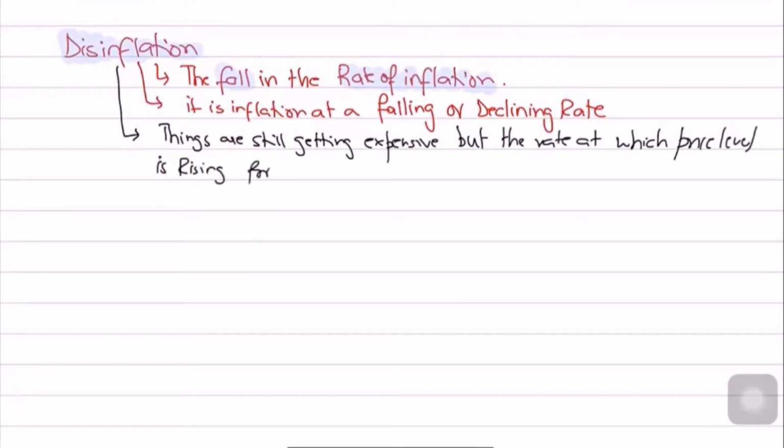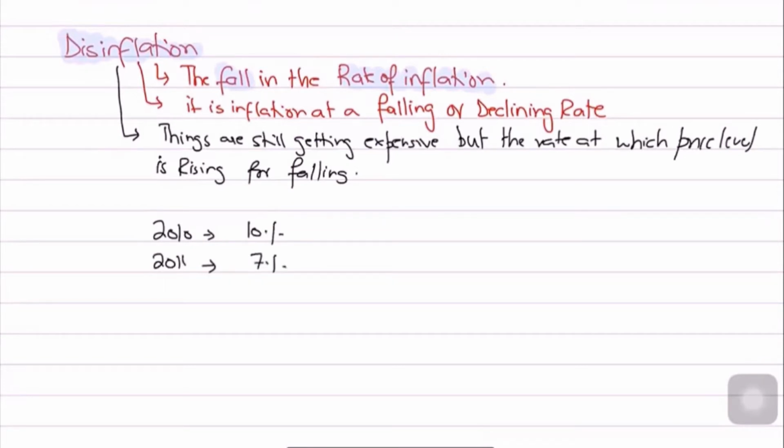Now I'll cover this with an example. For example, let's say that in 2010, the rate of inflation in Pakistan was, let's suppose, 10%. In 2011, the rate of inflation in Pakistan was 7%.